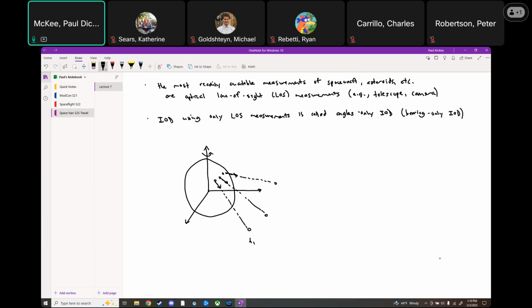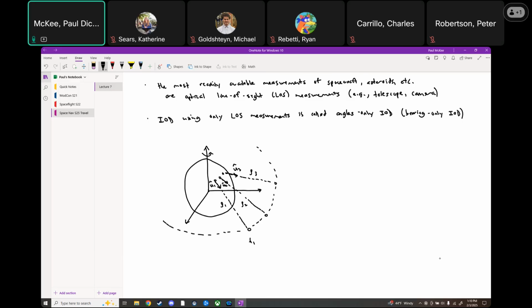You've got the orbital motion of the body, which looks like this. And we're going to call these measurements U1, U2, U3. And we're going to call these distances rho 1, rho 2, rho 3.